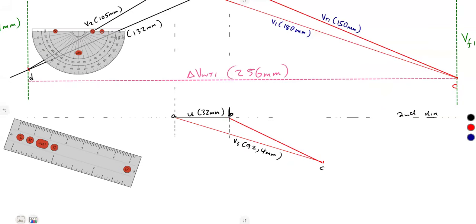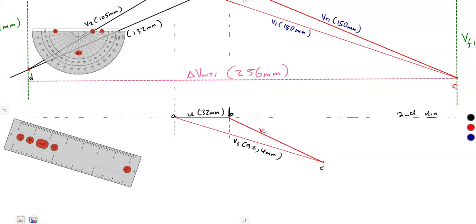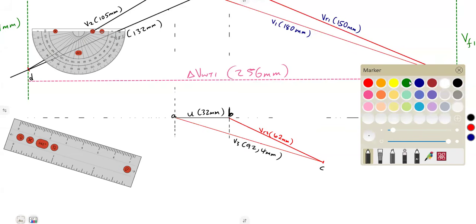Remember, B to C is a relative velocity that we are dealing with on the second diagram, which is VR3. So you measure that. That's your VR3. Approximately, it was going to be around 6.2 centimeters, which is 62 millimeters. The rest, guys, is just to measure.